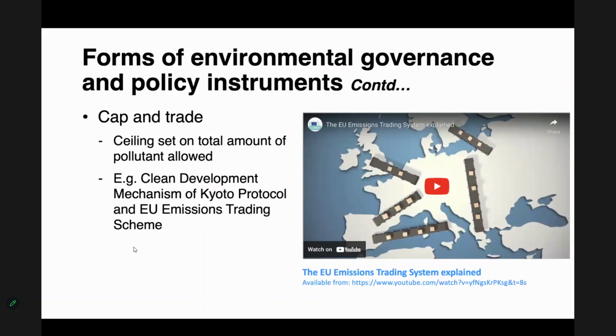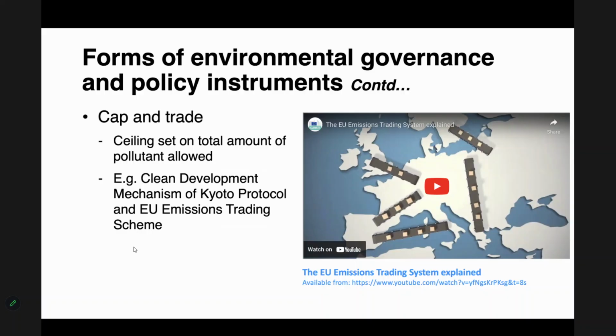One type of market-based mechanism that's currently used to address environmental issues is this cap and trade type of instrument. Basically, you're setting a ceiling or a cap on the total amount of pollution that's allowed, and you can emit within that capped amount.